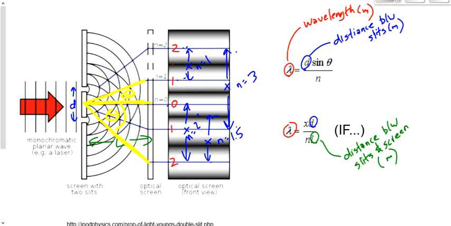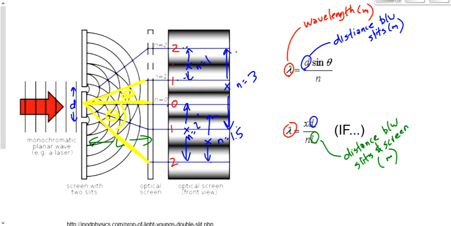X is a little bit more general, a little bit more open, because x can be measured from anything to anything as long as n is consistent with it. Theta can be measured to whatever you want, but it has to be measured from the central maximum. You got to have the same starting point with theta, always from the central. And again, you got to make n consistent with that.